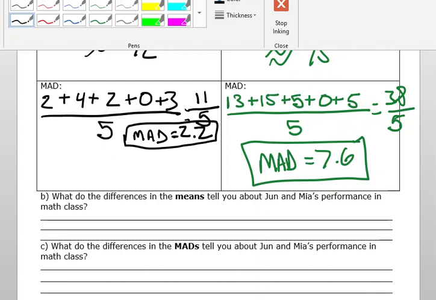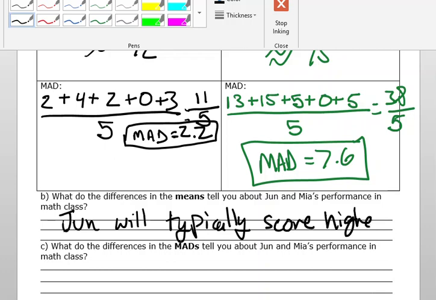So if we remember, June's mean was 91.8, or we said 92. Mia's mean was 75. Okay, so we can say that June will typically score higher than Mia.